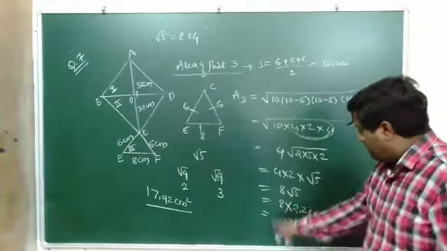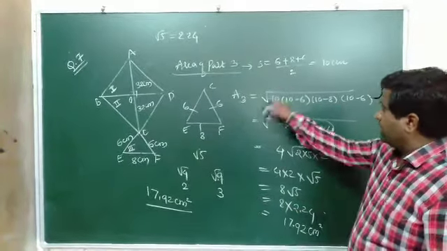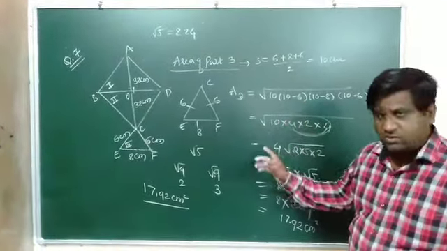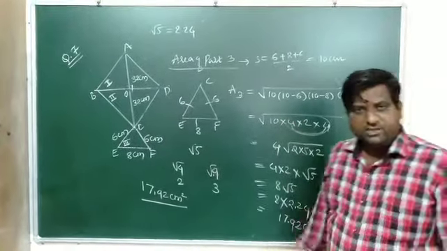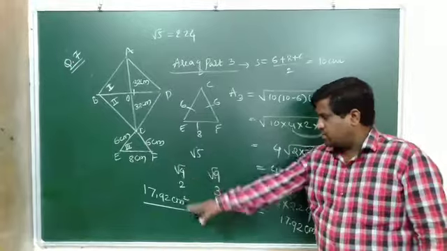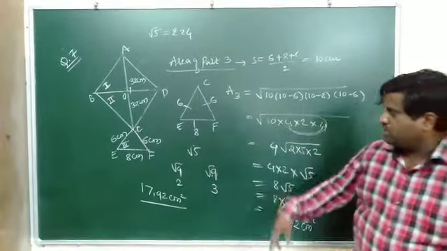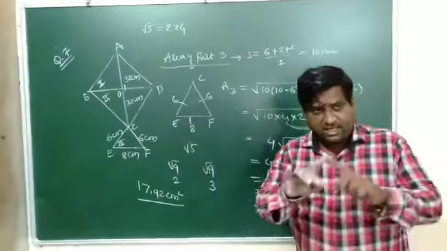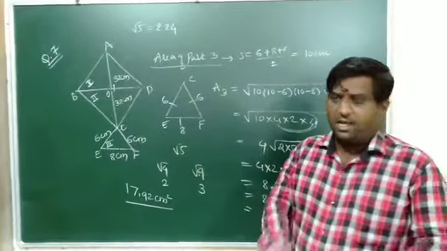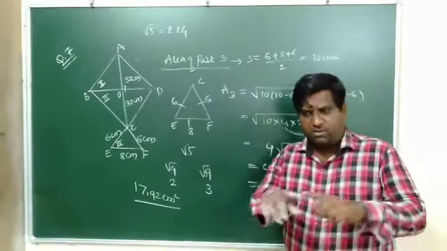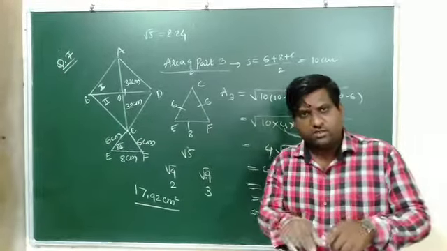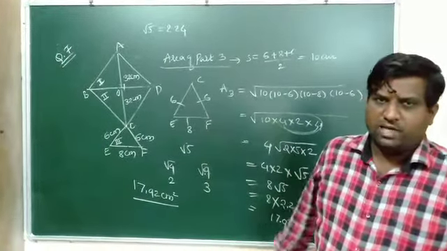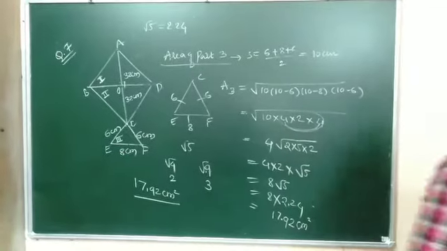Whenever you get a new answer, make it a block so that it is highlighted and easy to evaluate. This much only has been asked. If he had asked how much total paper or total area is required to prepare that kite, in that case you simply need to add the 3 values.